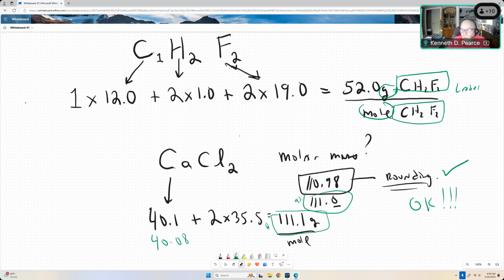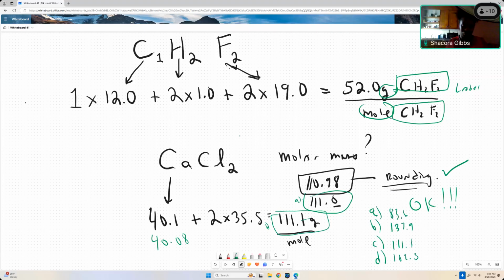No, actually not. On a test, it'll look like this. Calculating that, we might get 83.6, 137.9, 111.1, and 102.3. Which one would you pick if you got 111.0? C. Yeah, you'd pick C. Even though it's not exactly the same, you would say, it's close, right?